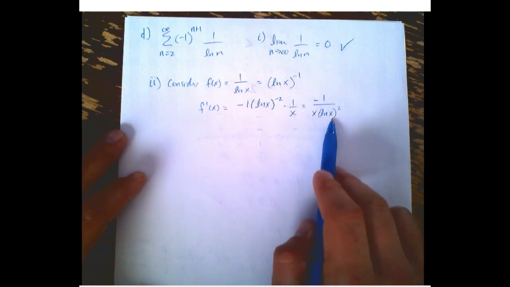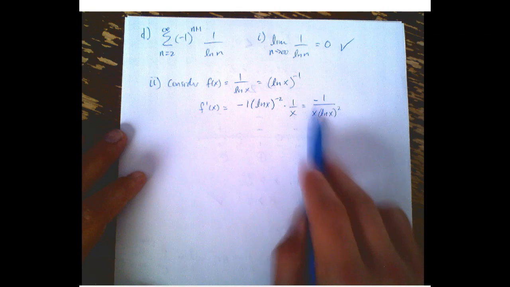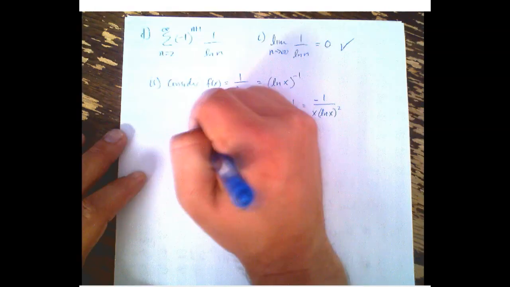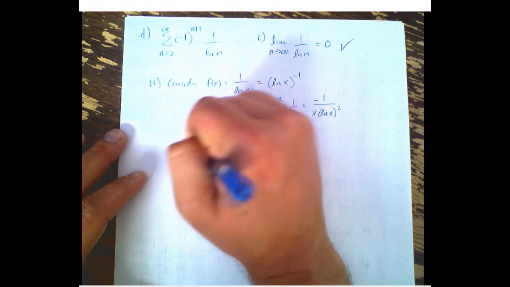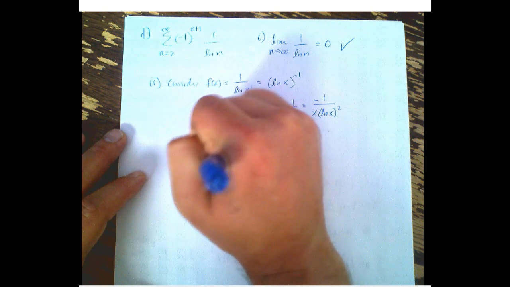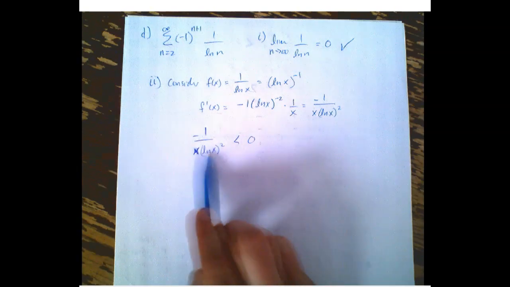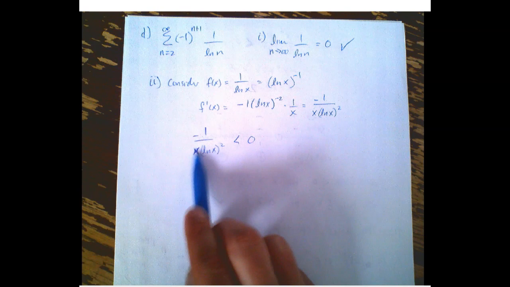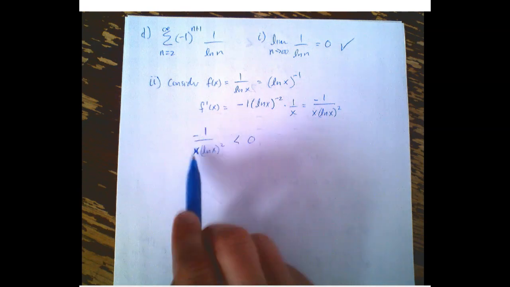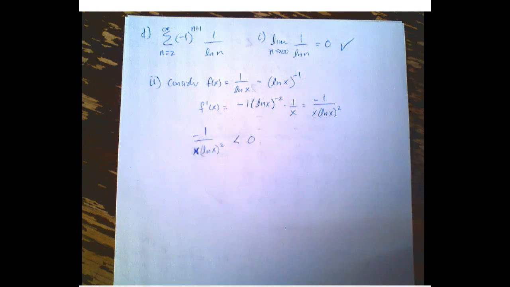Critical values for this. We'll note that this is never equal to 0, but there are some breakpoints in here. So note that this is undefined when x is 0 and when x is 1.